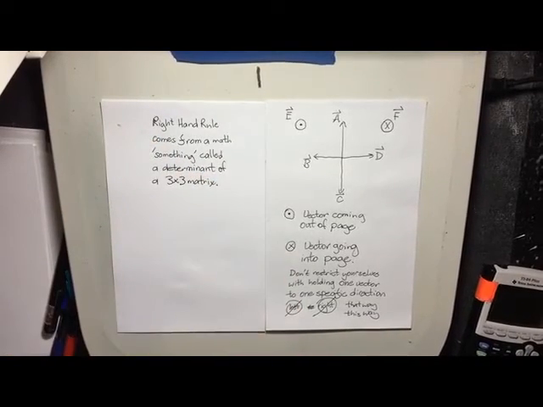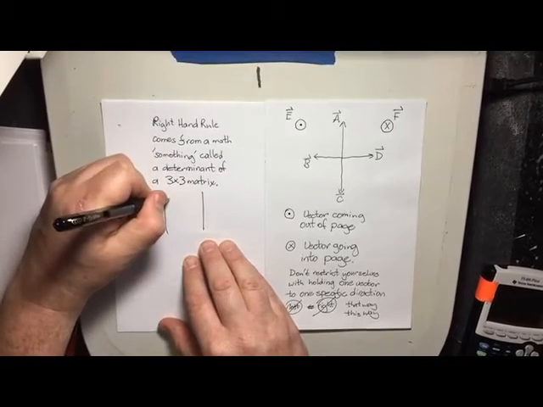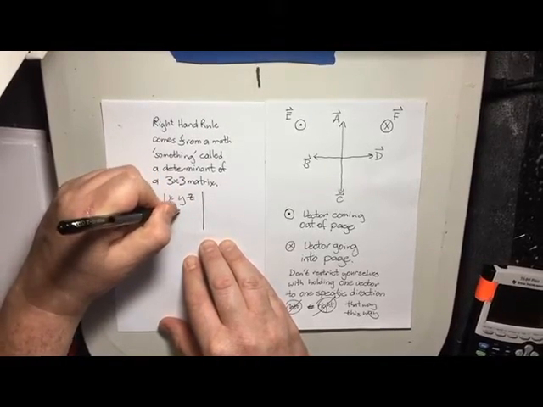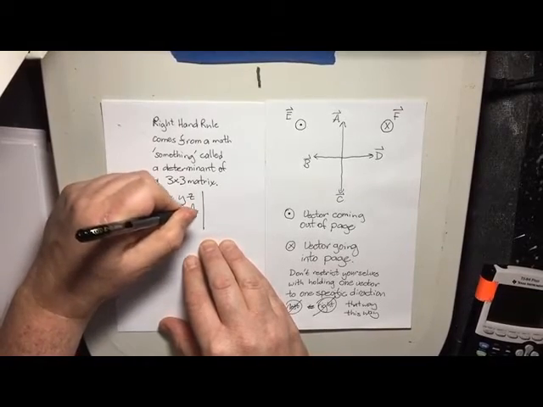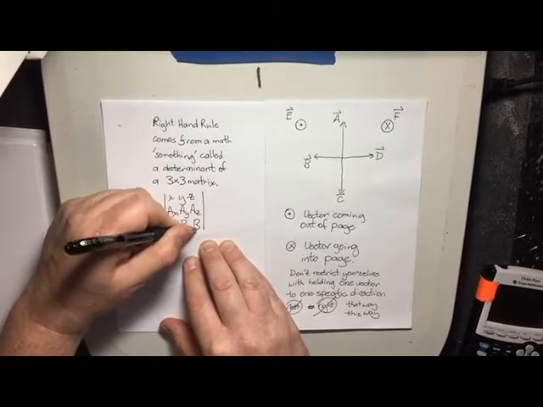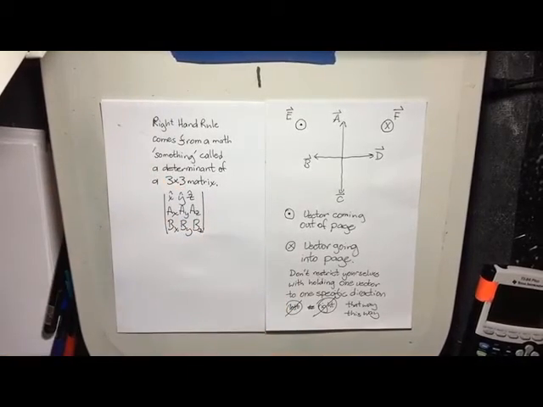Now, if I taught 211, those students would learn this. And it looks something like this. And you have to get the determinant of this, and it involves another type of mathematical problem.